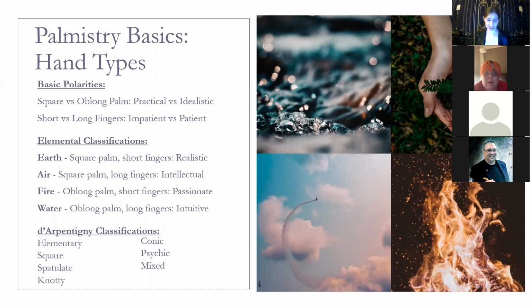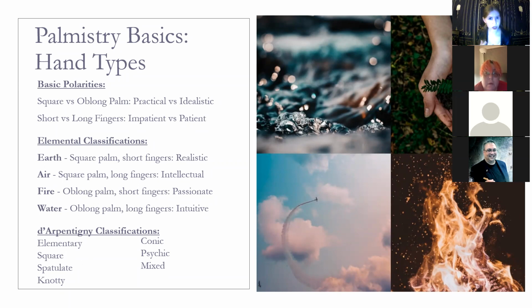The psychic hand. There actually is a psychic hand type, according to this person. That's more of an oblong palm with long and thin fingers with more pointed tips. So it's even thinner at the very top of the fingers. And you would notice that the fingers are quite long.